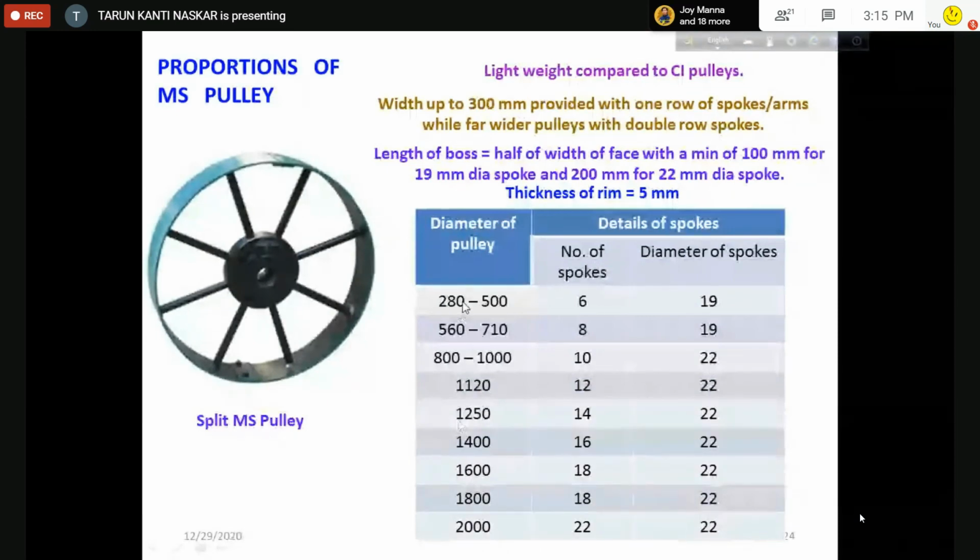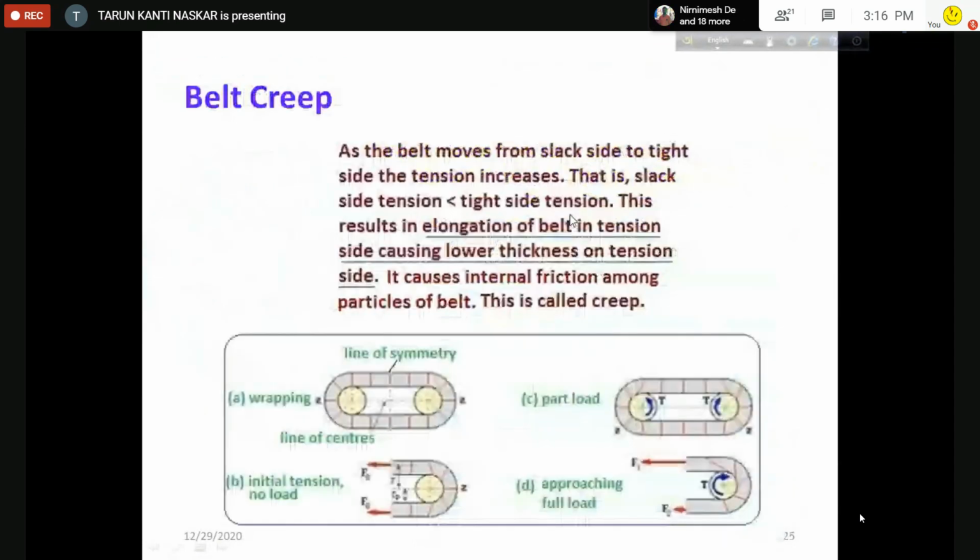Number of spokes will be 6, and diameter of spokes will be this. The uniform diameter. Okay, diameter of spokes is 19, and so on. These are all uniform dimensions. Clear? So these are the proportions of mild steel pulley.